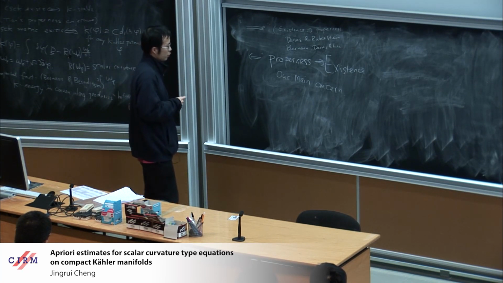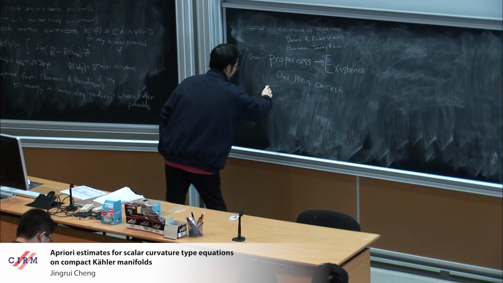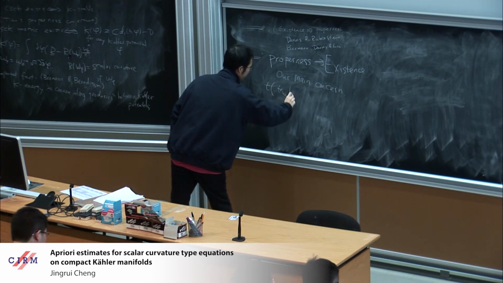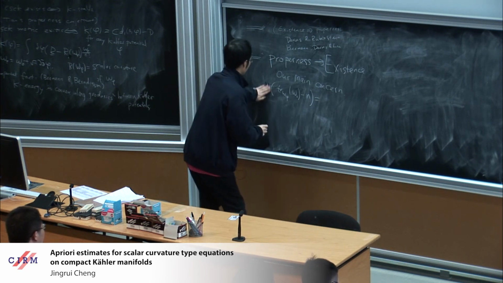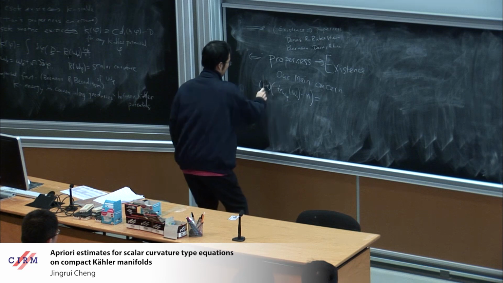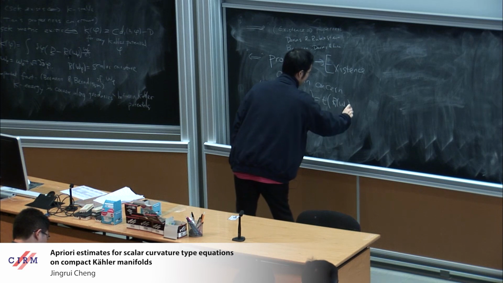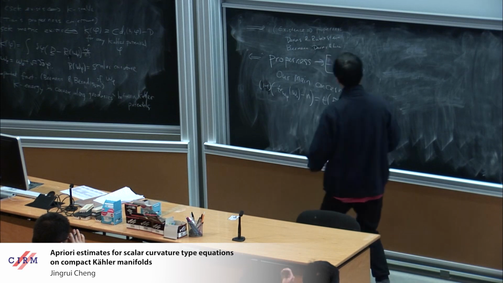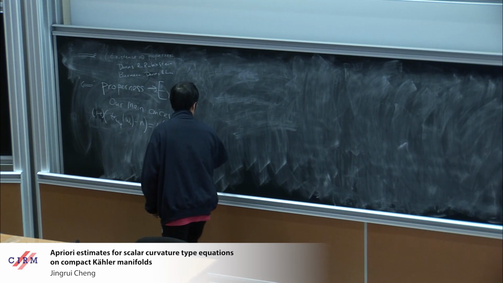The continuity path we consider takes the following form: t times the trace of omega phi with respect to omega 0 minus n, plus 1 minus t times the scalar curvature of omega phi minus the average scalar curvature, equals zero, where t is a parameter from 0 to 1.